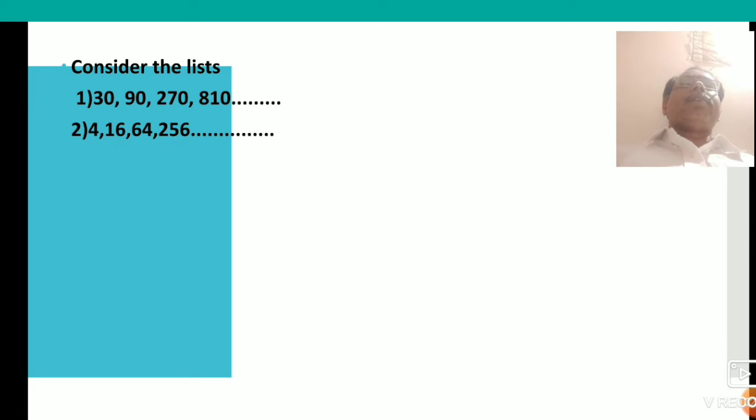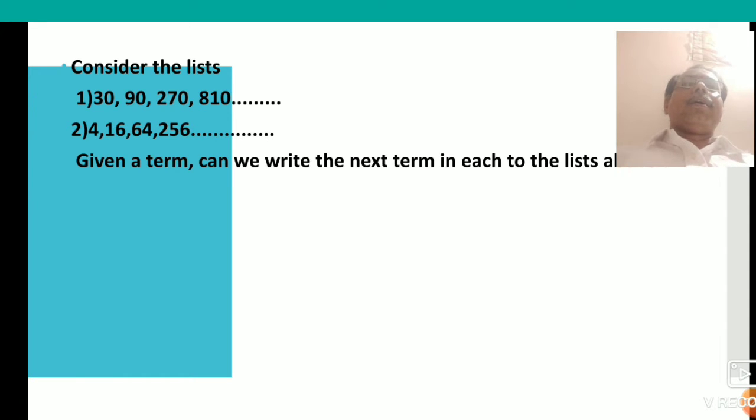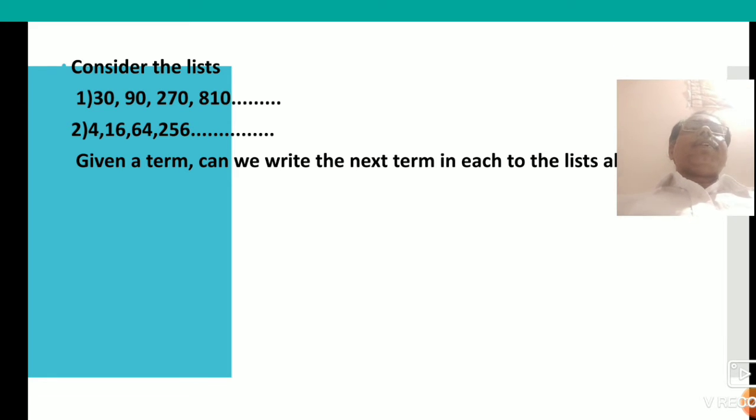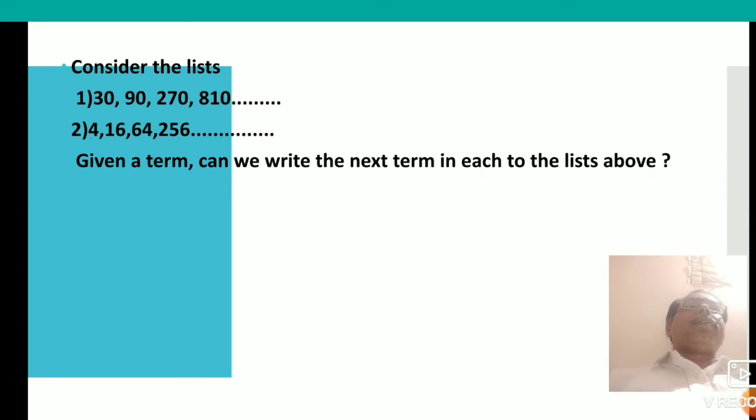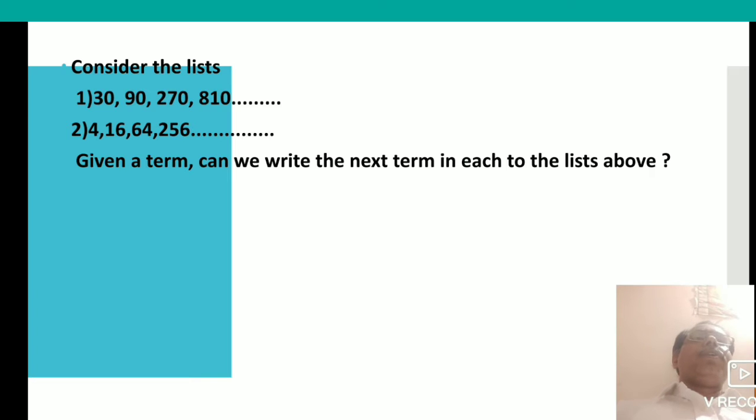In the second list: 4, 16, 64, 256 and so on. Given a term, how can we write the next term in each of the lists above?